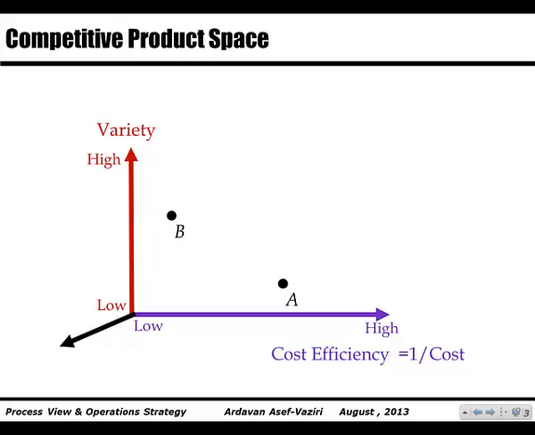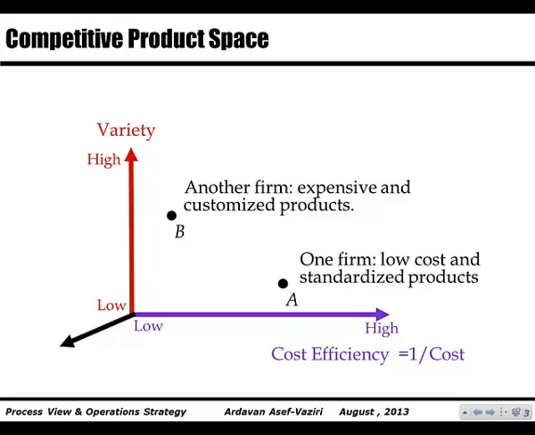Product A has low variety, but its cost efficiency is good. Its cost is low. One firm, low cost and standardized product with a small variability.